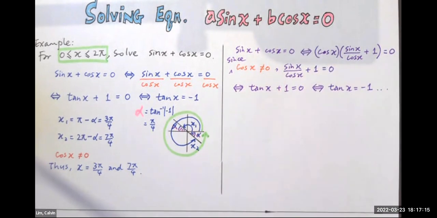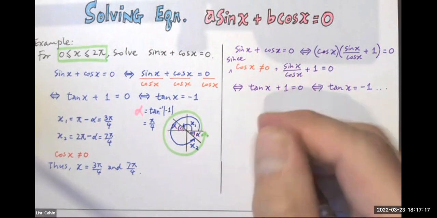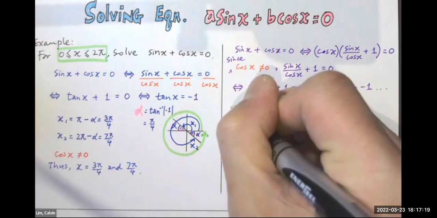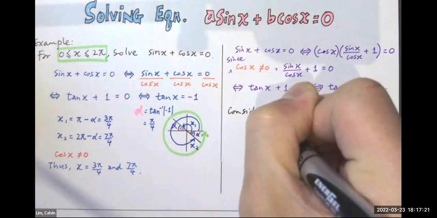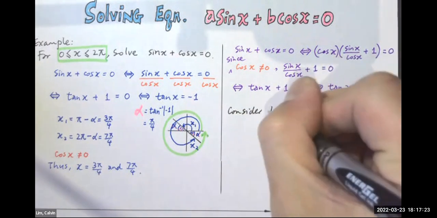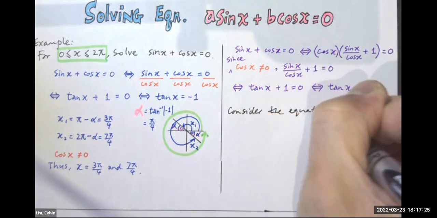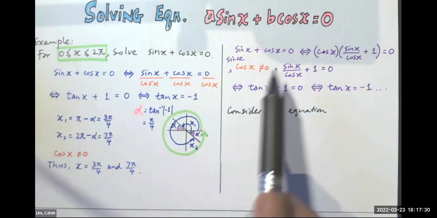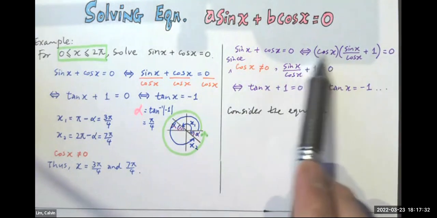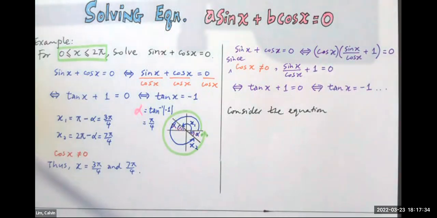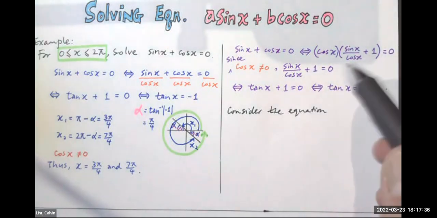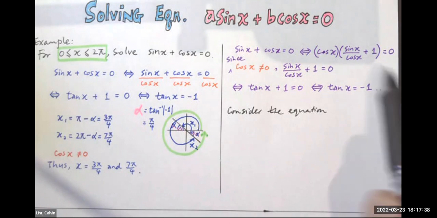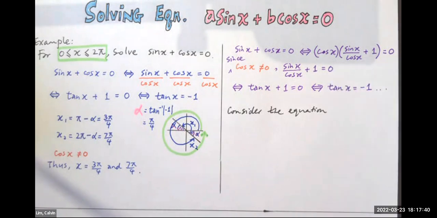Another analogy or another example: consider the equation. Now I just want to explain further why one factor must be 0 if we express an equation in factored form, with one side of the equal sign being 0.